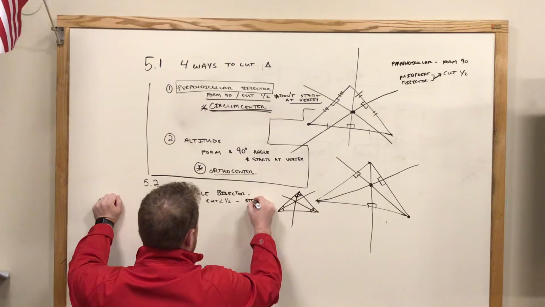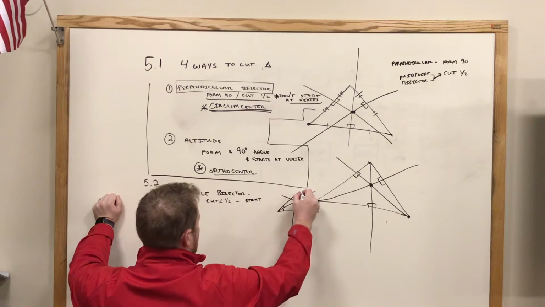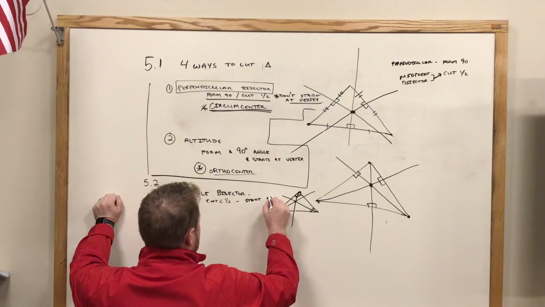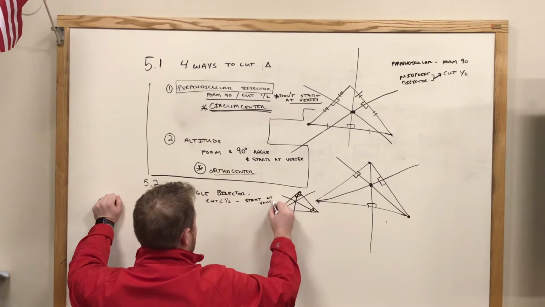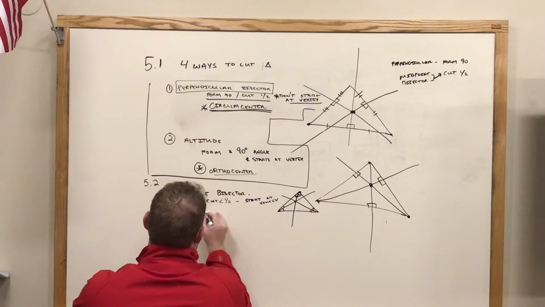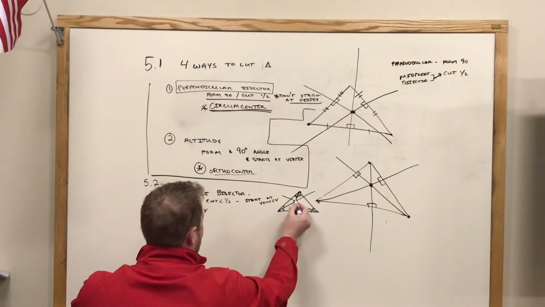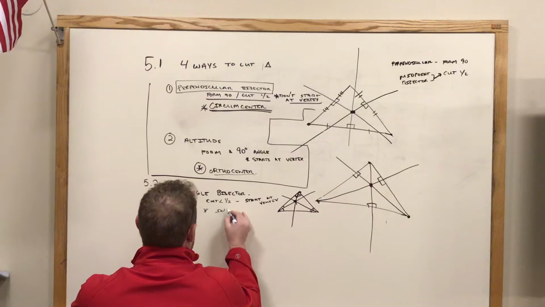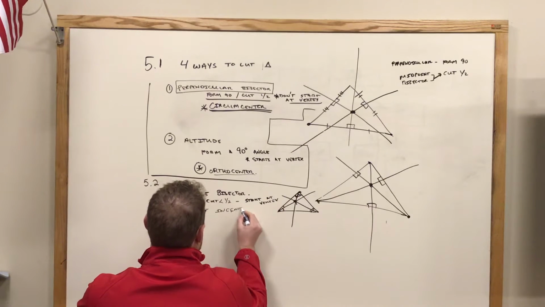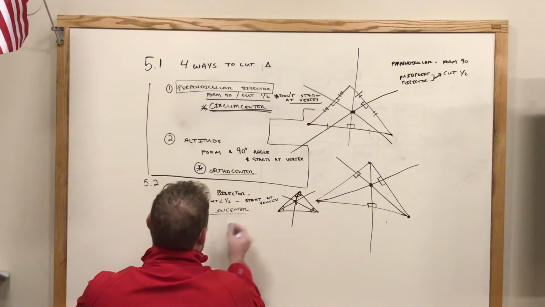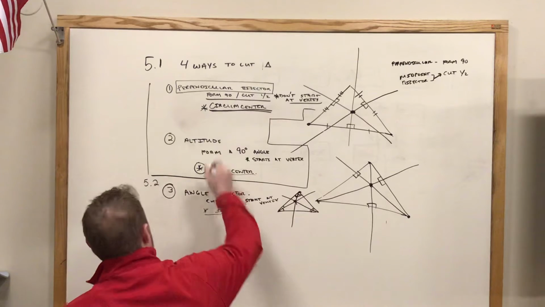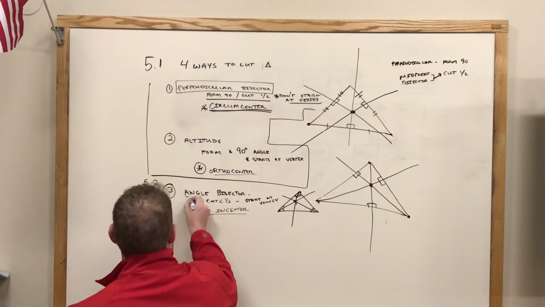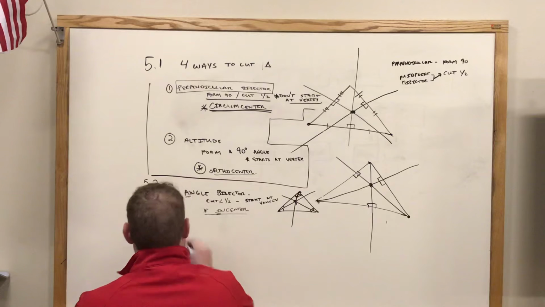Starts where? Notice where they all three started? At the vertex. And where they all intersect is called an in-center. In-center. So angle bisector, in-center.